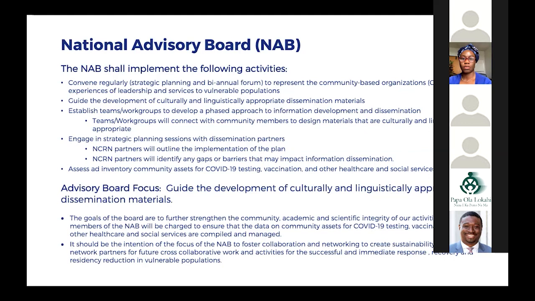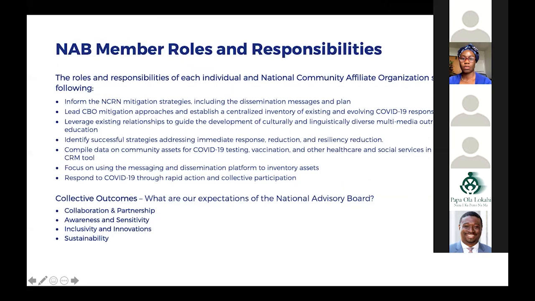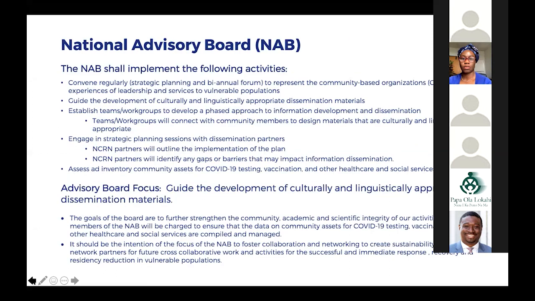So earlier you heard the importance of engaging communities that have been disproportionately affected, which is at the core of this network. And certainly we want to stand in partnership with you as those who have established trust and relationships with communities. And certainly we want to collectively be worthy of the community's trust.